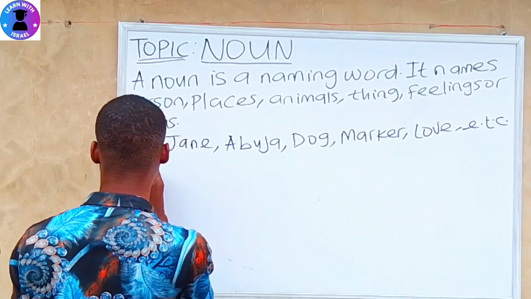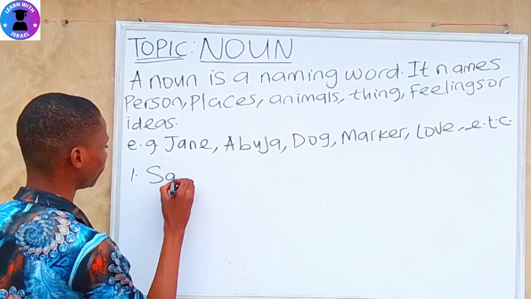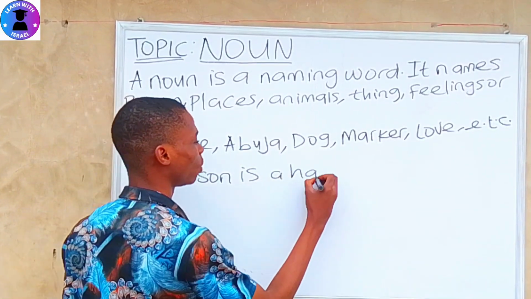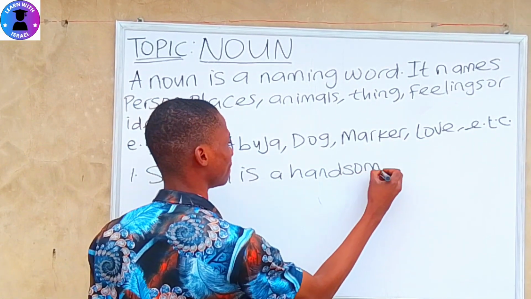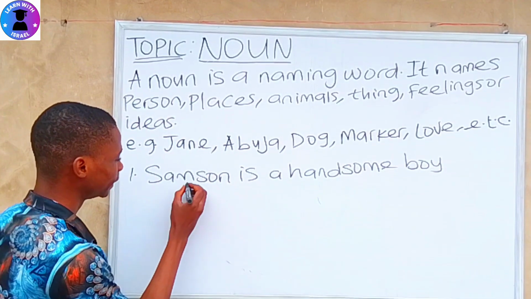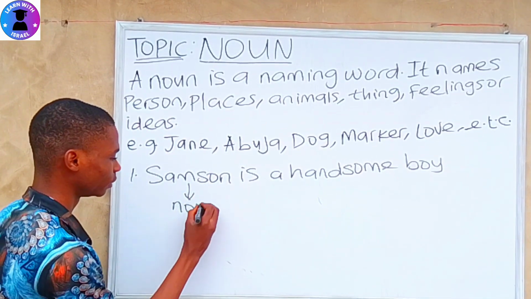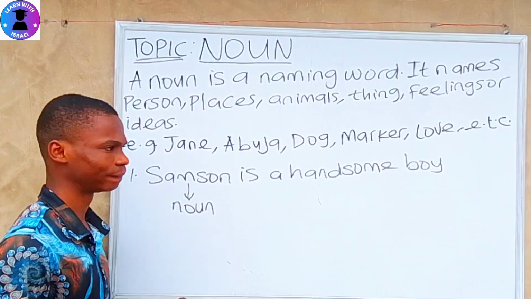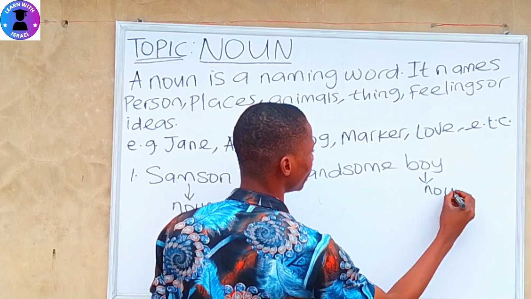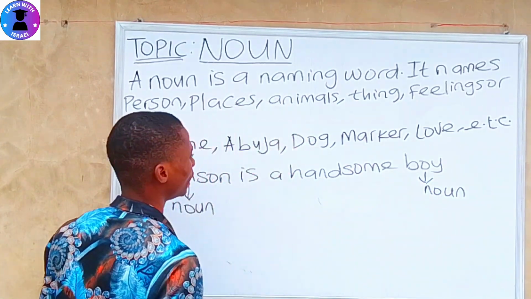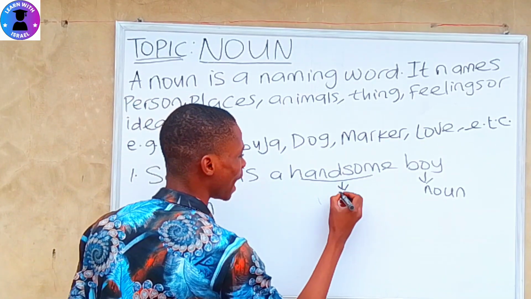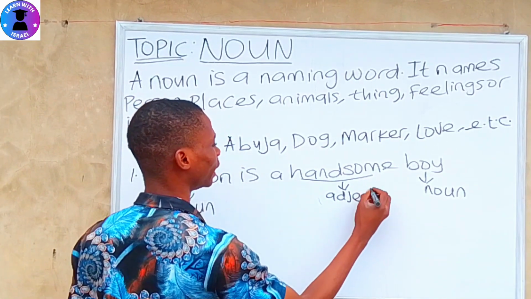So let's start from example 1. Samson is a handsome boy. So Samson here is a noun, and boy here is also a noun, and this handsome is an adjective, but we are not treating adjective today.